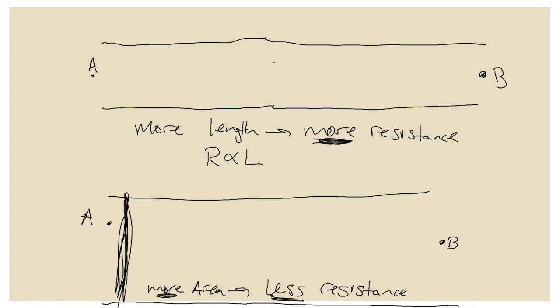What about the area? More area means less resistance. So if we have more resistance, what does that tell us about the area? Well, that means we would have less area. What kind of mathematical relationship is that? That's an inverse relationship. And that tells us we should expect to see the area in the denominator of the equation.